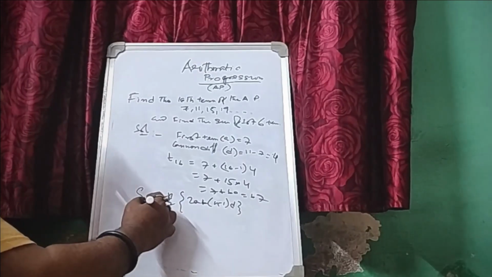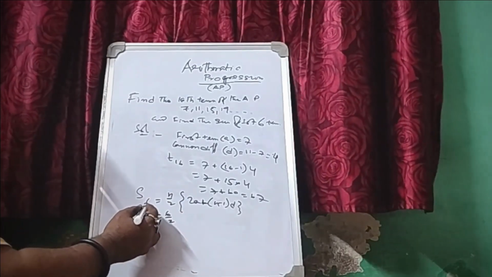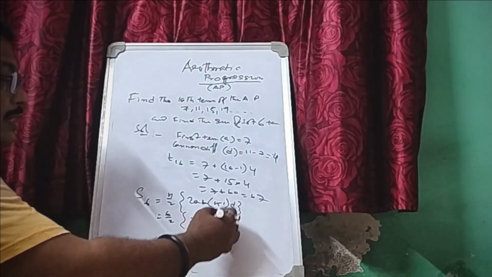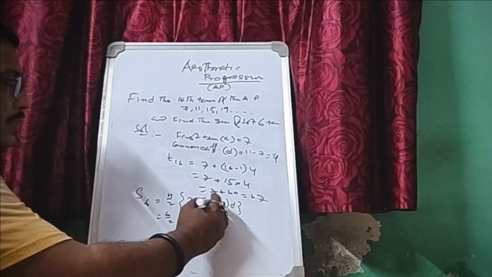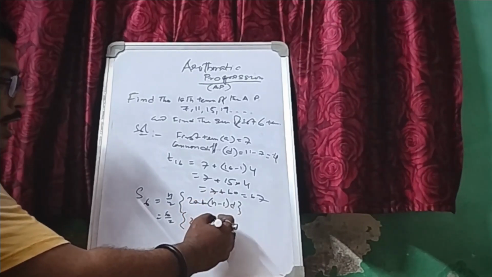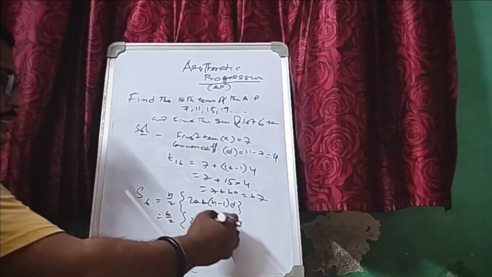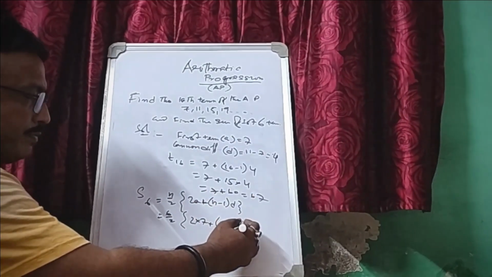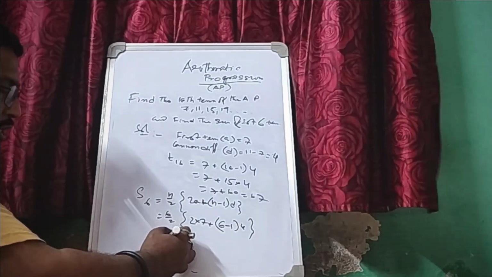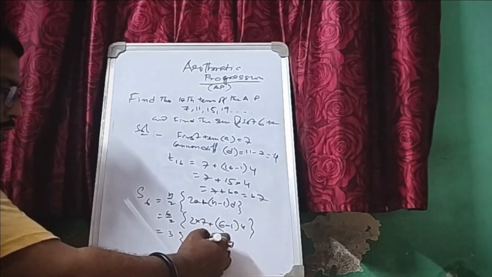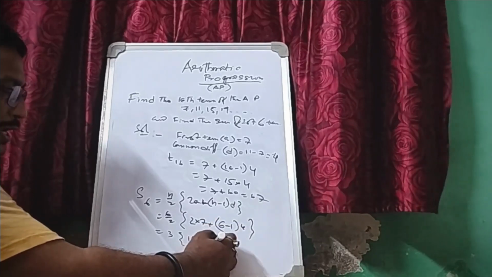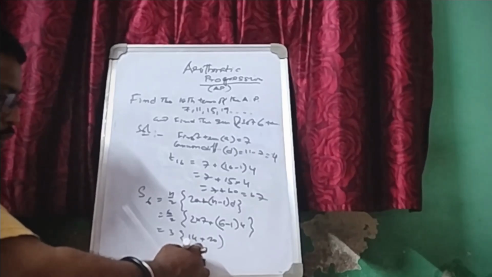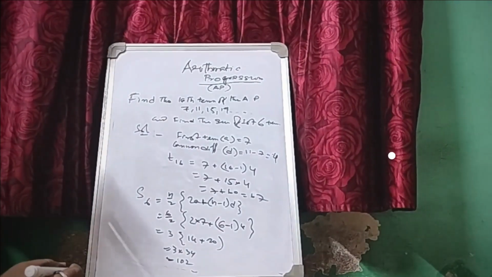Here n is 6, a is 7, and d is the common difference. So 3 into 14 plus 5 into 4, that is 3 into 34, which is 102, the summation of the first 6 terms.